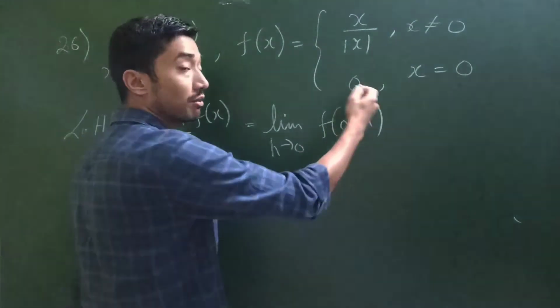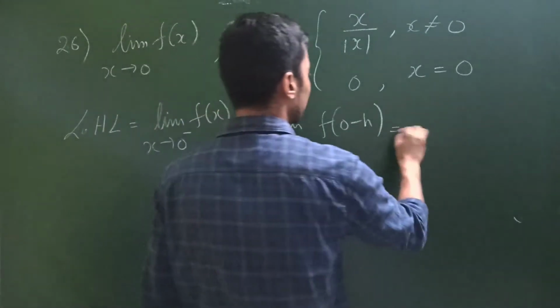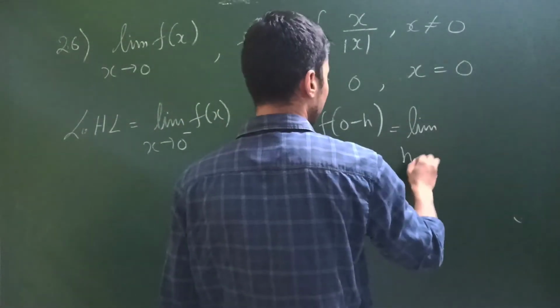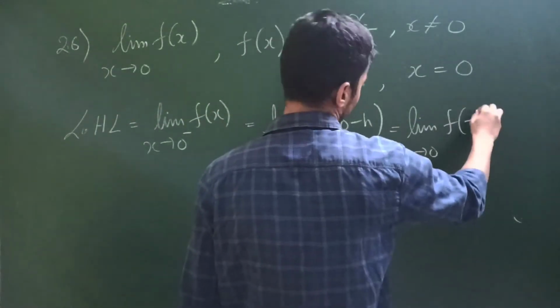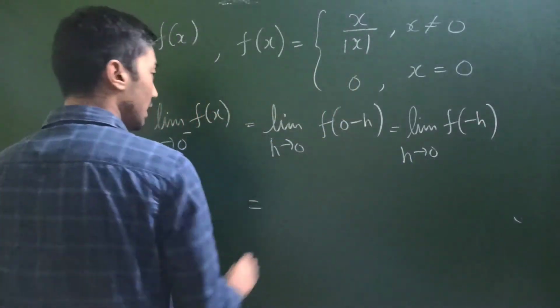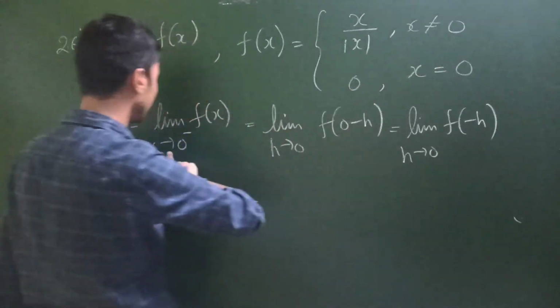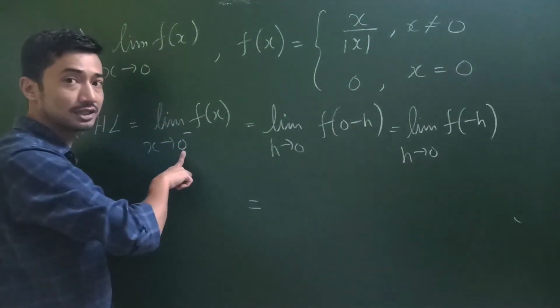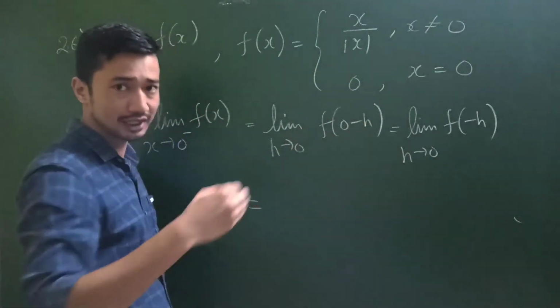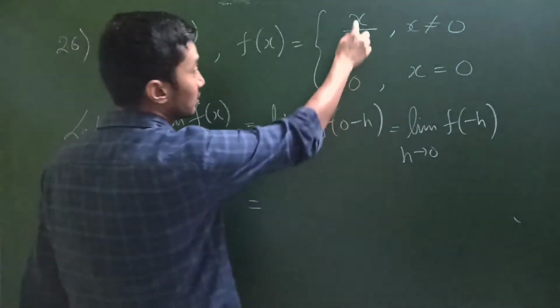So definitely it's going to be 0 minus h, a smaller interval. So that will be, I'll write it again, 0 minus h is minus h. Then it says whenever x is not equal to 0, so x is not equal to 0 here, isn't it? Because x is slightly less than 0, because it's 0 minus h. So our function will be x by mod x.